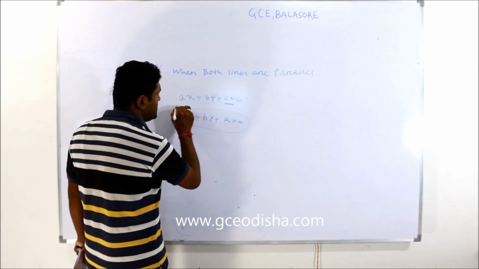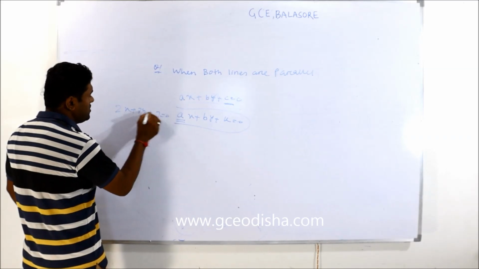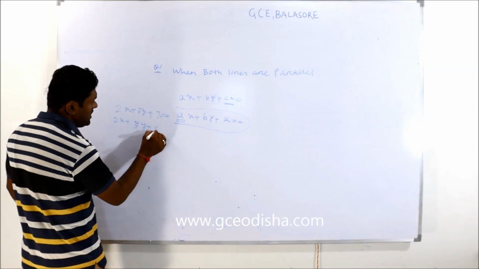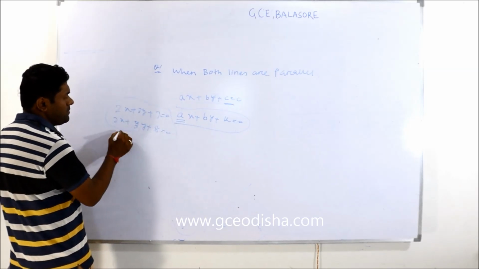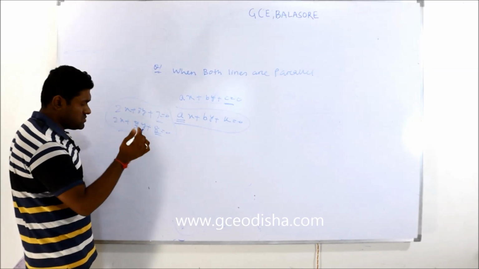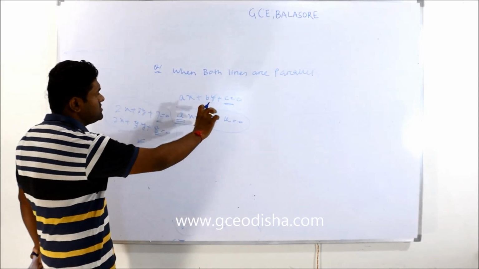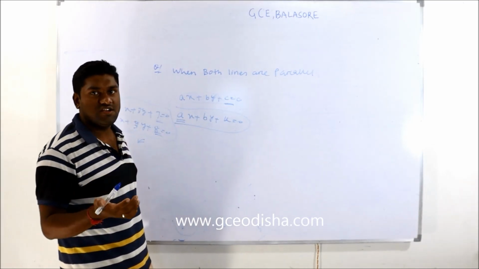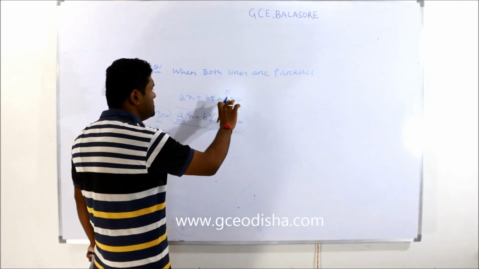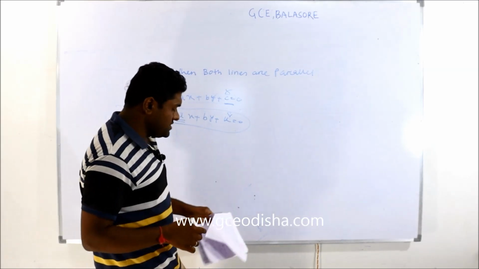For example, one equation is 2x plus 3y plus 7 is equal to 0, another equation is 2x plus 3y plus 8 is equal to 0. Just see that the constants are different, so the lines are parallel. Whatever the constants, maybe 5 or 8, the coefficients remain the same, and these two lines are parallel.